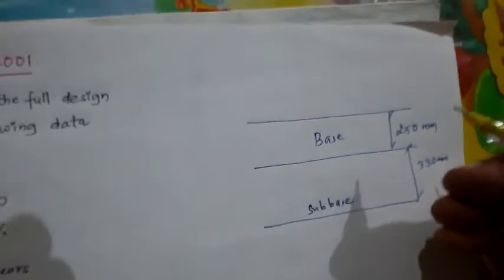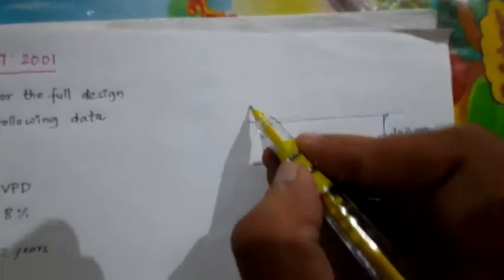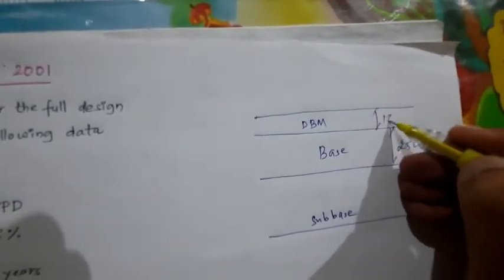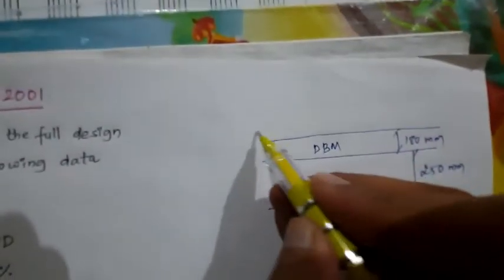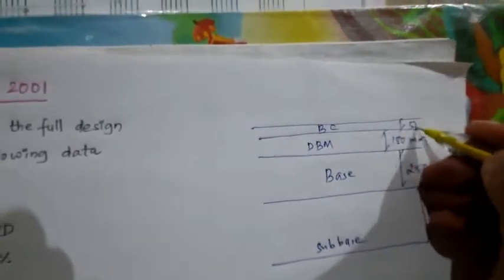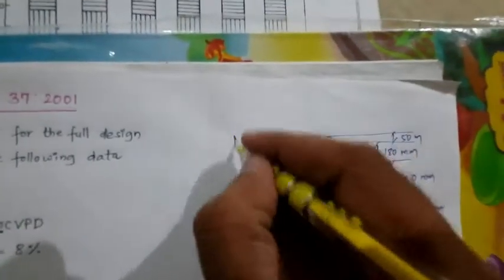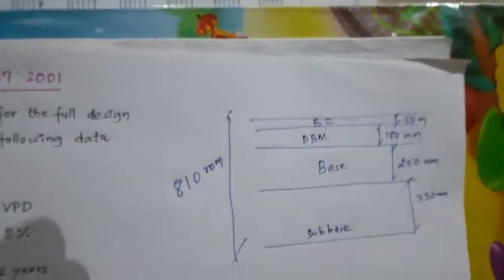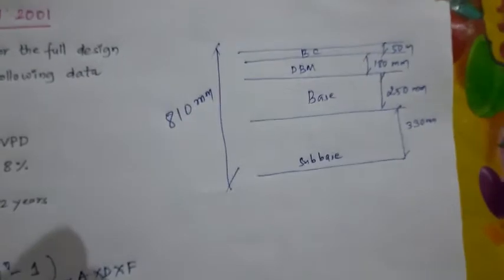Next is DBM, around 180 or something. If you do the interpolation, you get the value. The next is the BC layer, bituminous concrete, which is 50 mm. So altogether it is going to be somewhere 810 mm. This is how you solve the problem.